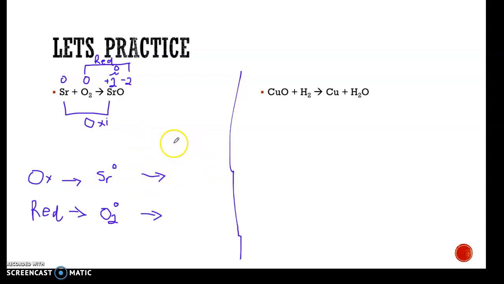And then we have to see what we see on our product side, on our right side. Well, Sr now has +2, and O now has -2. Now, how many electrons were involved? Well, 2 electrons. So I'm going to write those 2 electrons in.